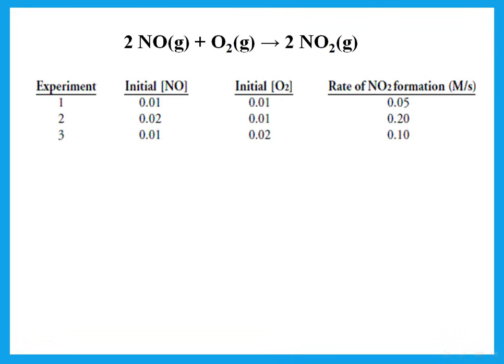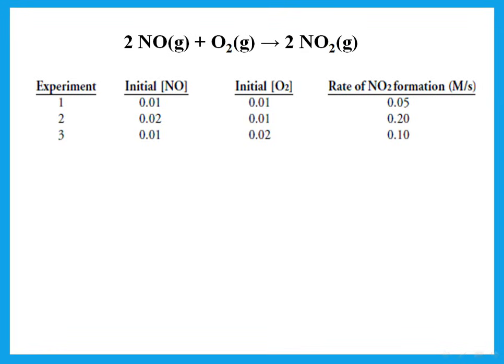Okay, so what do we mean by experimentally? He will give you a table in which he repeated experiments several times. For example, this is the equation we were looking at, and he says he did an experiment in which this is the initial concentration of NO, the initial concentration of O2, and the rate. He's telling me to find out the order with respect to NO and the order with respect to O2.